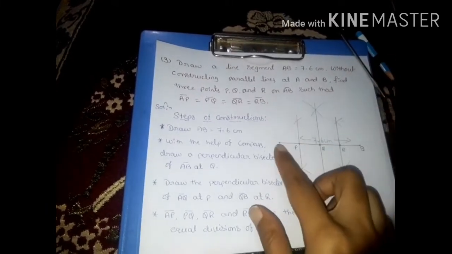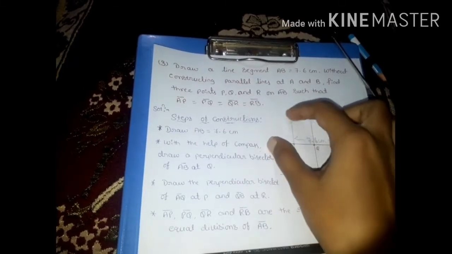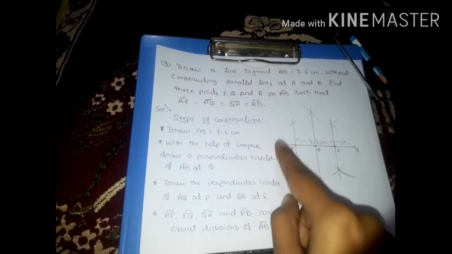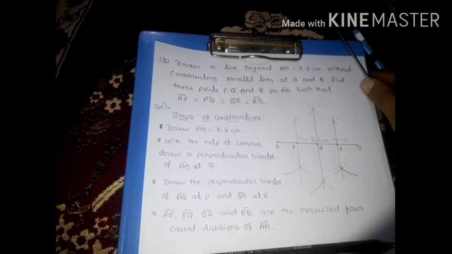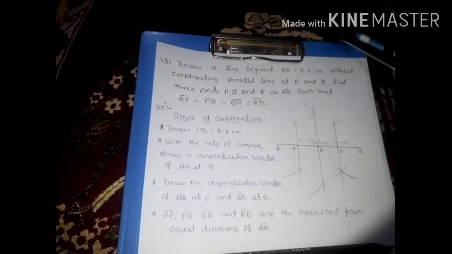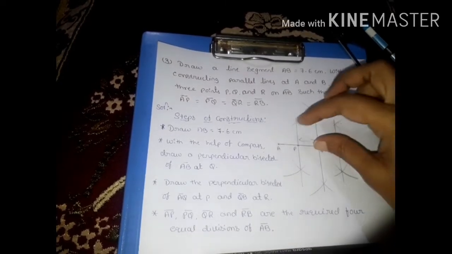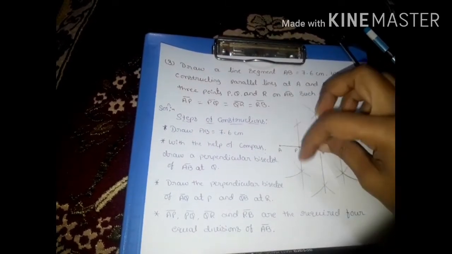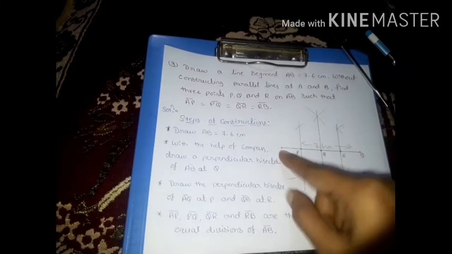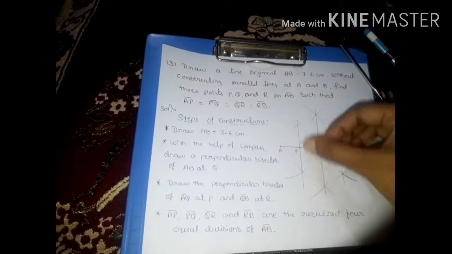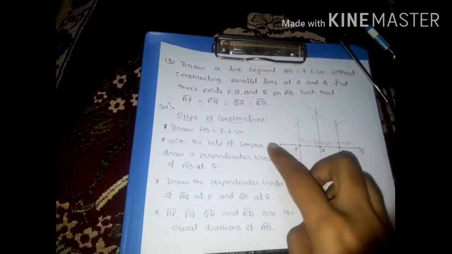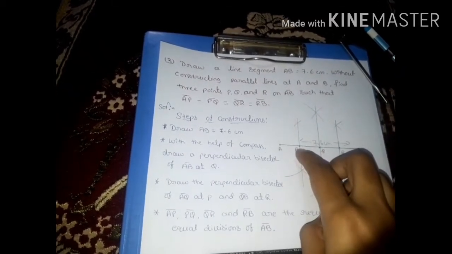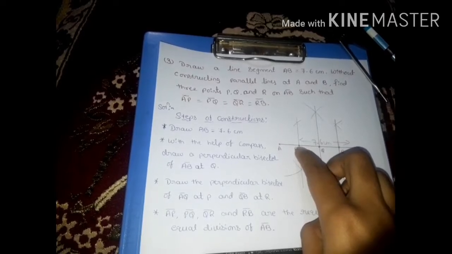Similarly, here also using the compass, take more than half and cut arcs above and below from point A. Similarly, without disturbing the measurement of the compass, at point Q, cut the arc you drew before from point A. Then you will get these two arcs. Join these two arcs where the line meets AQ. That point consider as P.